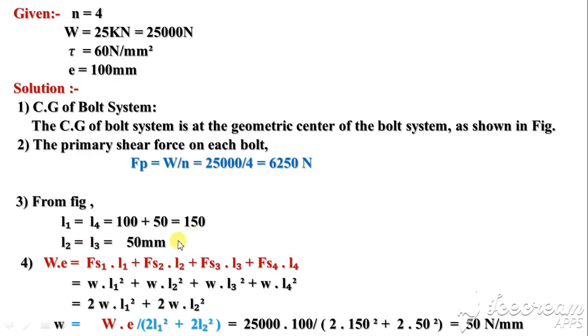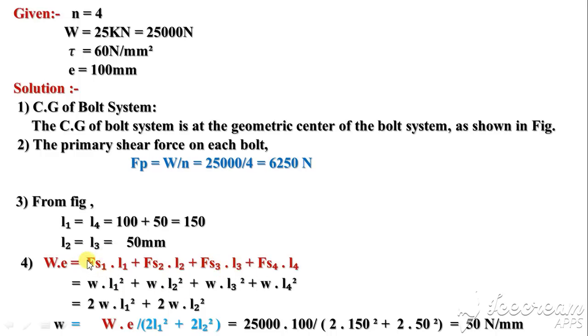Now, as the total load is transferred to the CG of the system, it will generate a moment, which we can write as the equivalent equation we discussed. Total load into eccentricity value, that's 100. So W is given. So W into e is equal to the secondary shear force on bolt 1 into L1 plus Fs2, secondary shear force, into L2, secondary force on bolt 3 into L3, and so on.